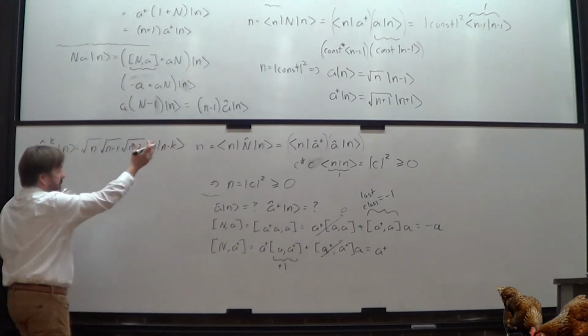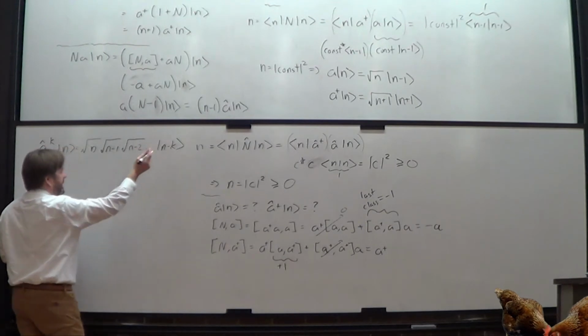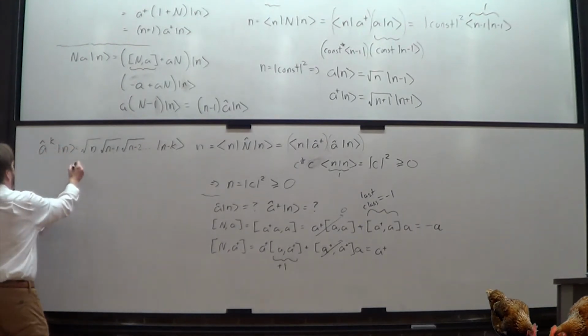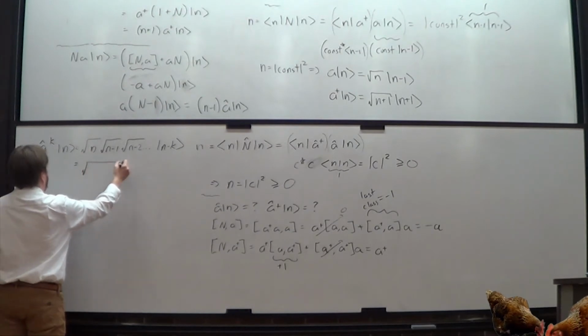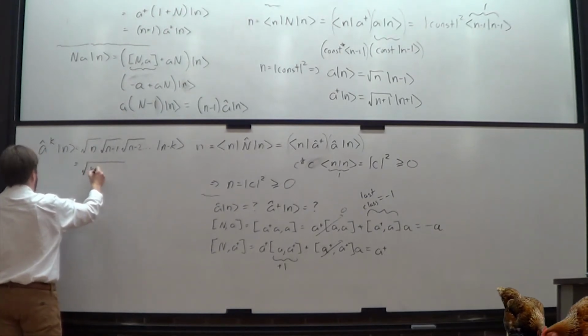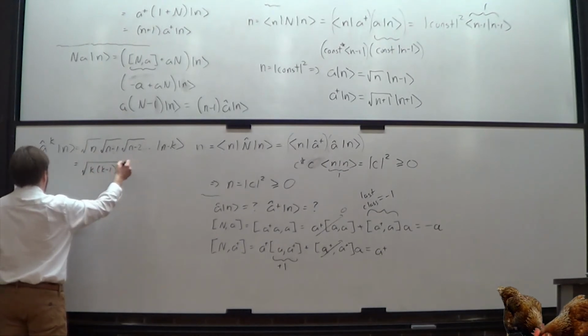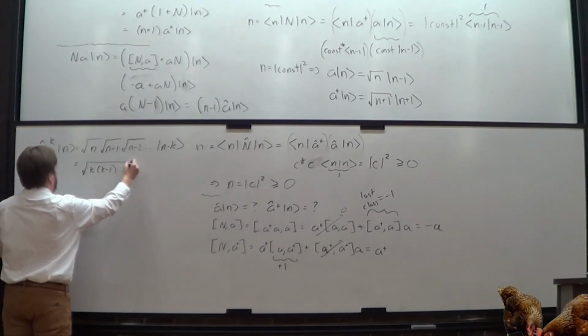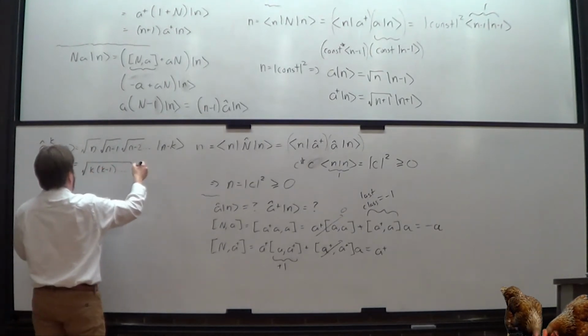I don't know how many times, whatever k is, n minus k, I guess. It turns out this would be equal to the square root of k minus 1. If you factor all this stuff, that's what you're going to find.